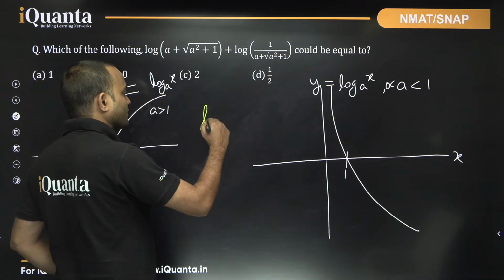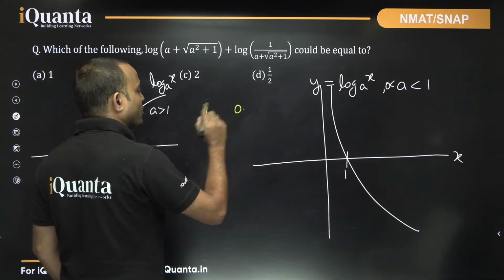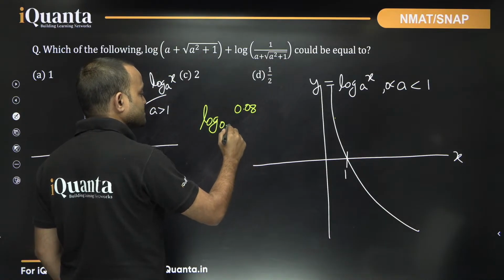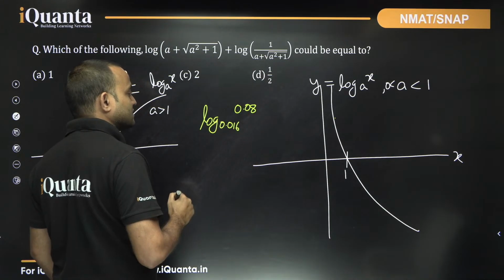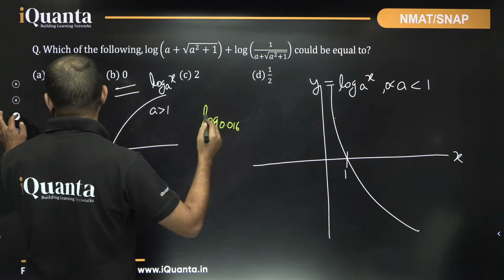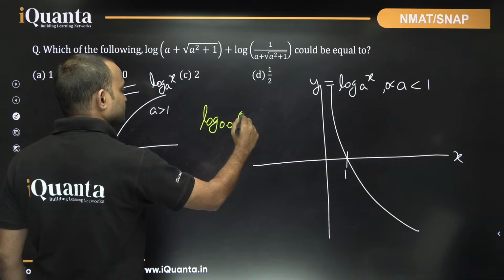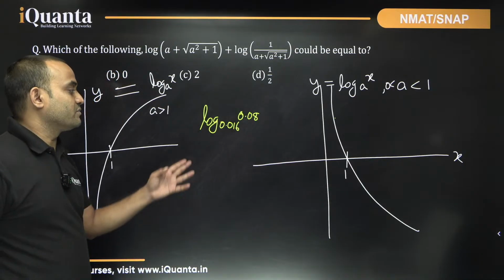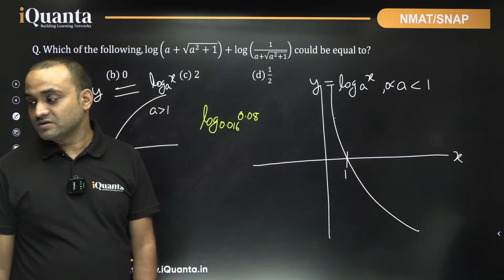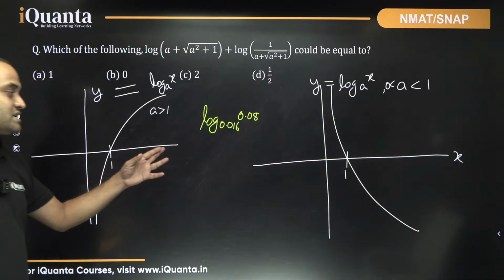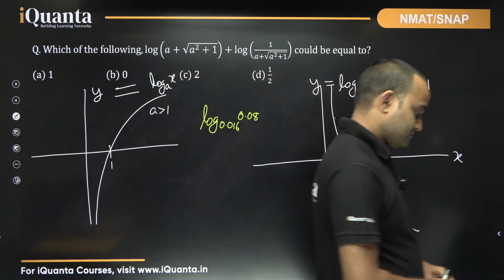Tell me. Log 0.08 to the base 0.016, is this value positive or negative?